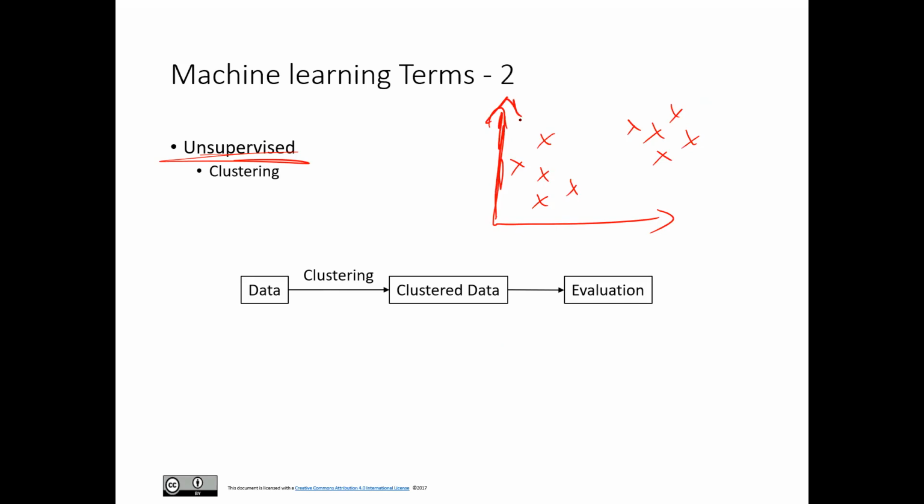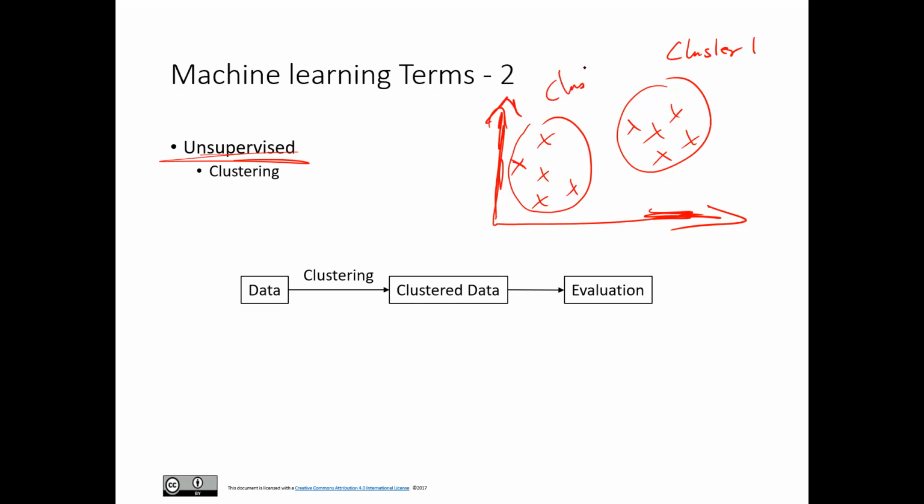Just intuitively, what do you see? It can be grouped, right? It seems like there are two obvious groups, and that's called clustering, or two clusters. Cluster 1, cluster 2. Okay? So that's unsupervised. Don't worry, that's our last topic this semester, so we'll get to it.